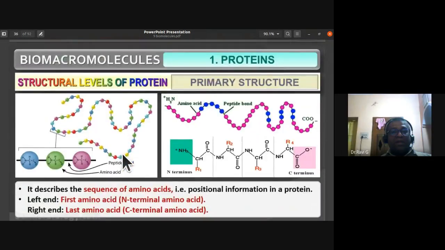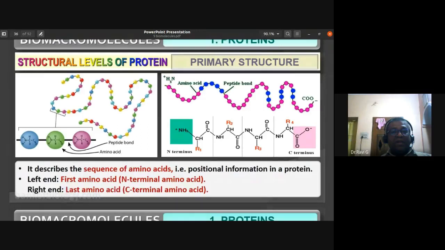The primary structure describes the sequence of amino acids, that is, the positional information in a protein. What types of amino acids are there and what are their positions? That is described by the primary structure.